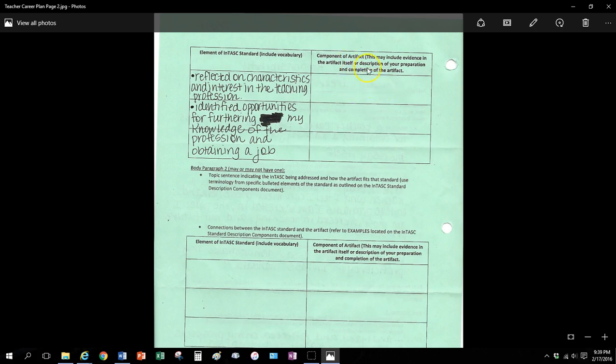So over here, this is where you look at your artifact. In this case, you're going to look at your plan and think, well, what are some things that I said about the teaching profession and my interests? What were some of the characteristics that I highlighted as being things that I would need in order to do well? Or why do I think I would like to pursue teaching as a possible future career?